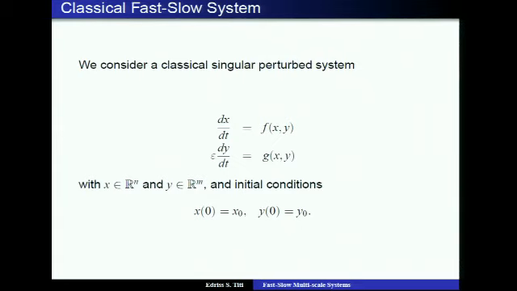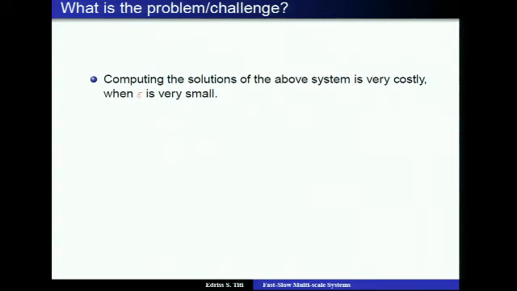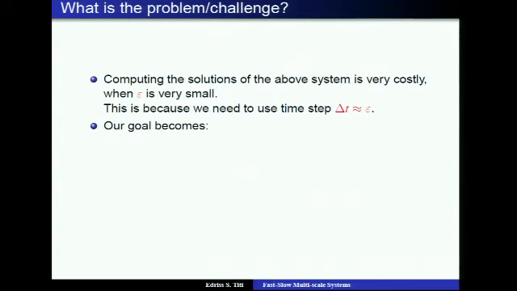Now what usually happens? Computing solutions of the above system is very costly when epsilon is very small, because you need to take a time step delta t like epsilon. This is not the right audience to tell them that. You have experience with these kinds of features. So our goal becomes, can we find the limit behavior of the solution x epsilon, y epsilon as epsilon goes to 0?